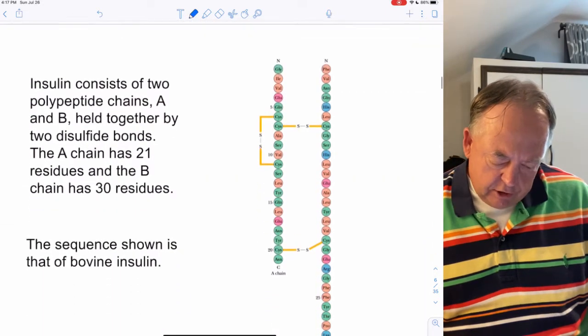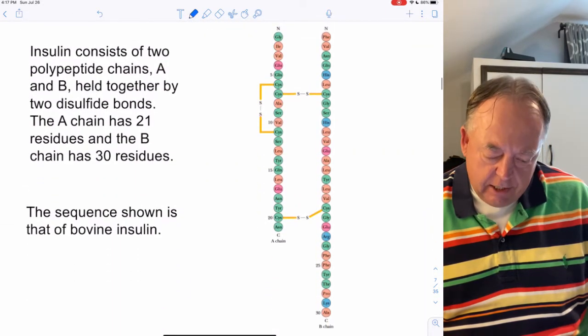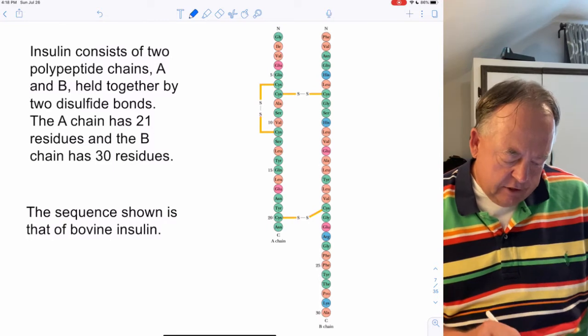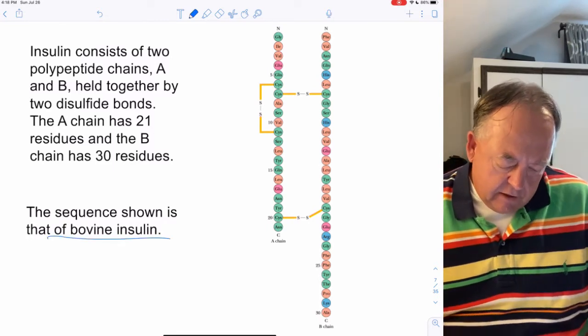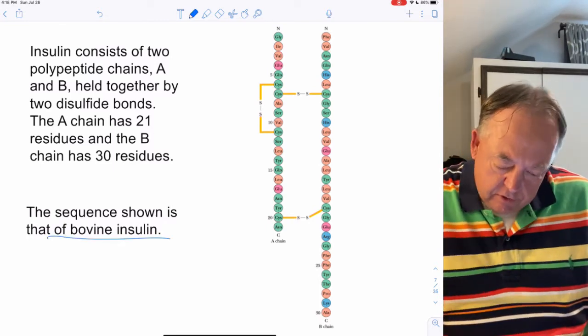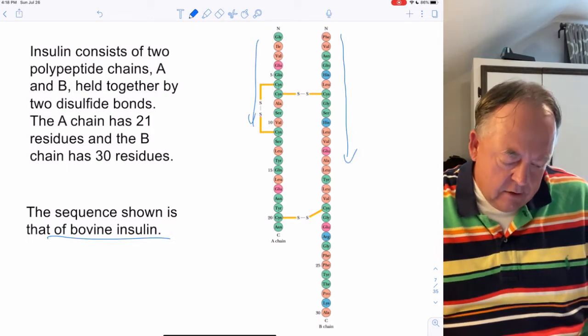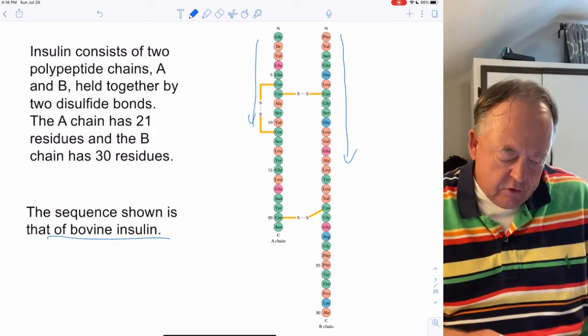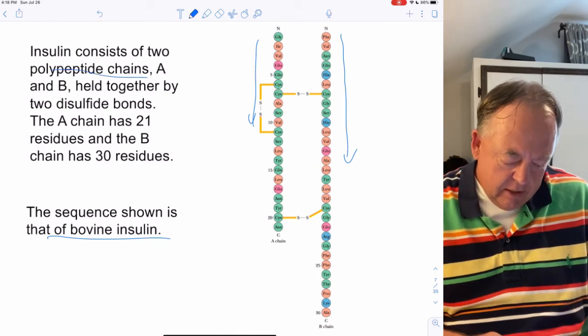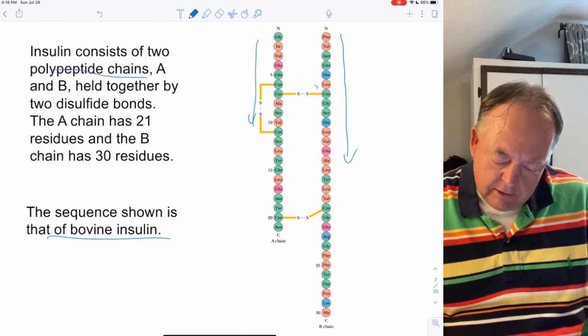This just illustrates one protein and its sequence. This sequence is that of bovine insulin. This is the sequence from the N-terminal to the C-terminal end. This particular protein consists of 2 polypeptide chains, A and B, that are held together by disulfide bonds.